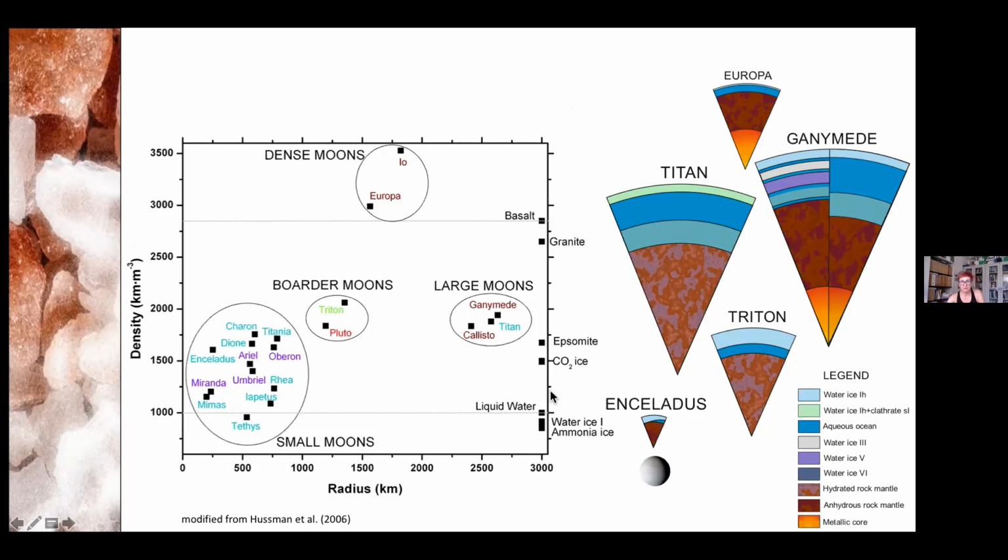At this side of the diagram, you can see the density of some rocks, like basalts or granite, some ices like CO2 or water ice in the phase 1, or ammonia ice, and liquids like liquid water.